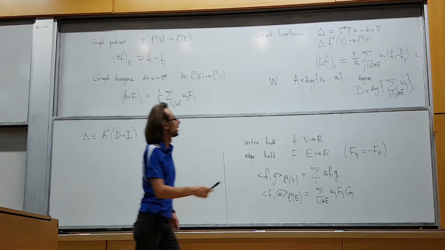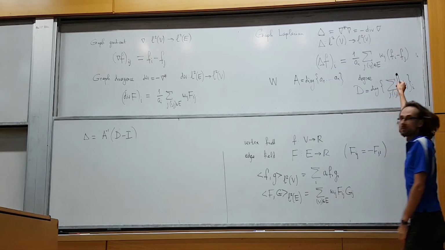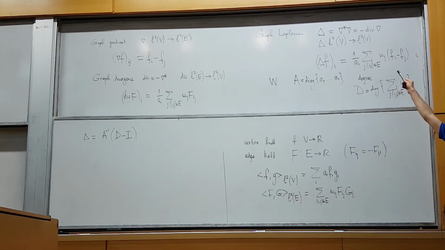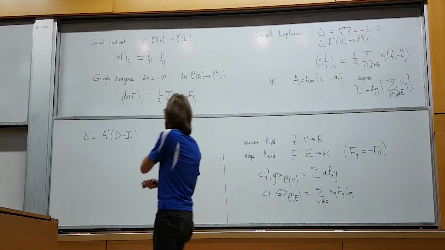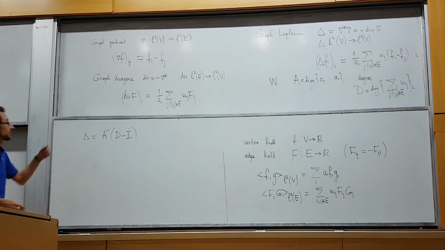Because the sum of W_ij times F_i is constant, so it will just amount to the sum of W_ij's, which is D. And then we have W_ij times F_j, where F_j now is not a constant; basically these are all the elements of the input vector. Okay, so we can write the Laplacian this way. Just check that it exactly represents the expression that we wrote explicitly in coordinates.